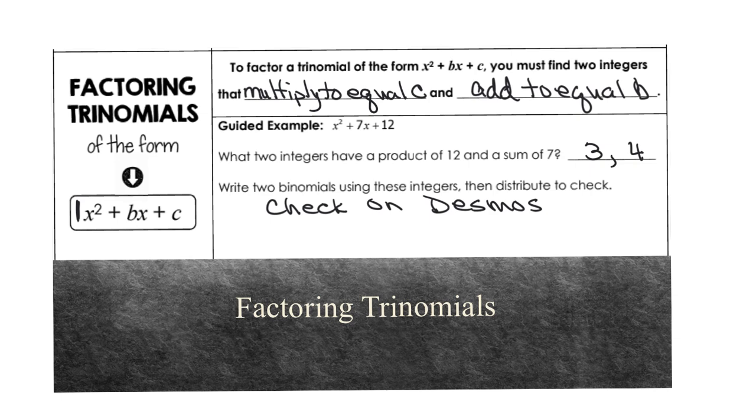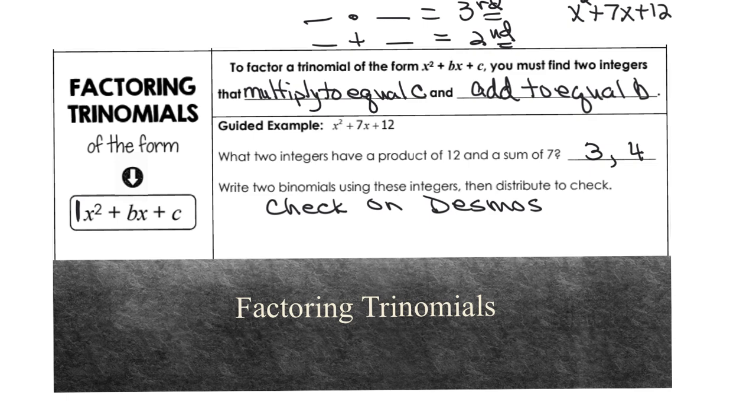So what we do is, to factor a trinomial in this form, you must find 2 numbers that multiply together to equal the third number, but when you add them together, it equals that second number. So in the example that is given, you have x squared plus 7x plus 12.